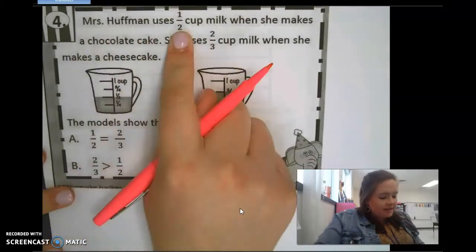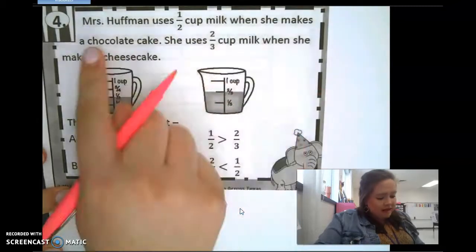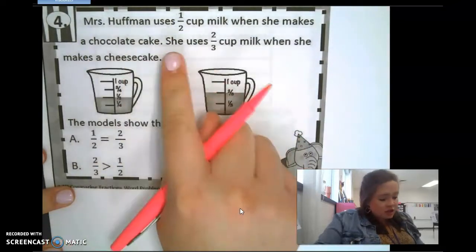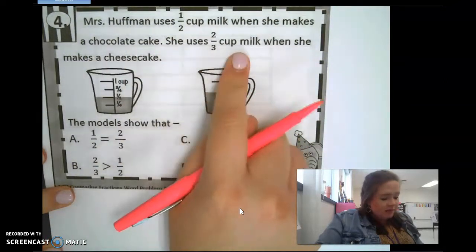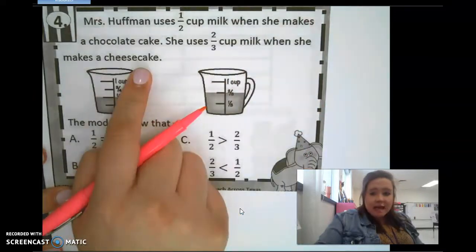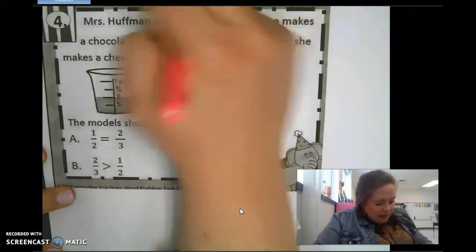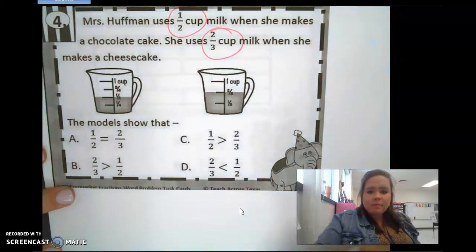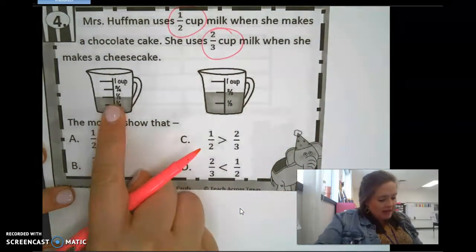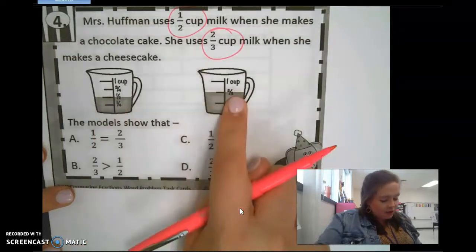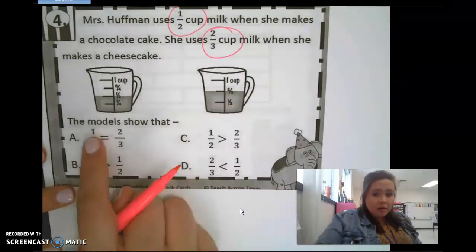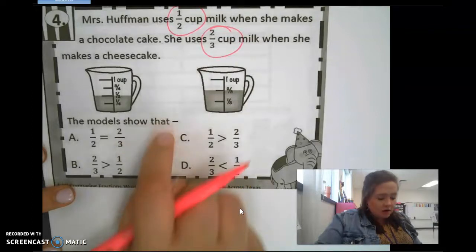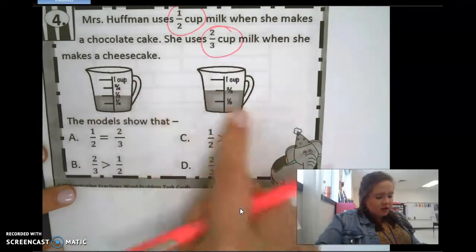Mrs. Huffman uses half a cup of milk when she makes a chocolate cake. She uses 2/3 cup of milk when she makes a cheesecake. Okay? Half a cup and 2/3 of a cup. Here is half a cup. Here is 2/3 of a cup. The models show that, all right, so here is one picture and here's the other.